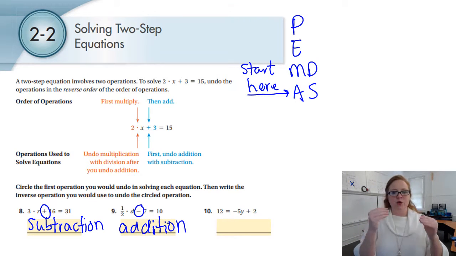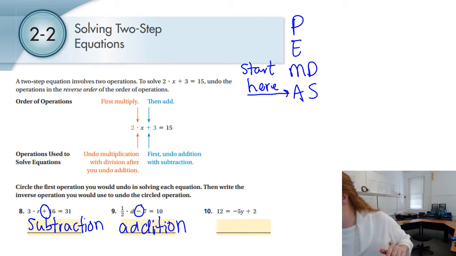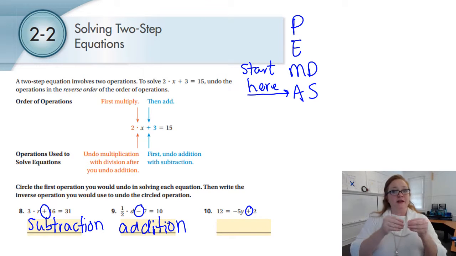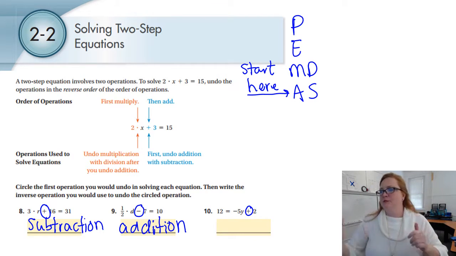Number 10, 12 equals negative 5y plus 2. Which operation would you undo first? Addition. The opposite of addition, subtraction.